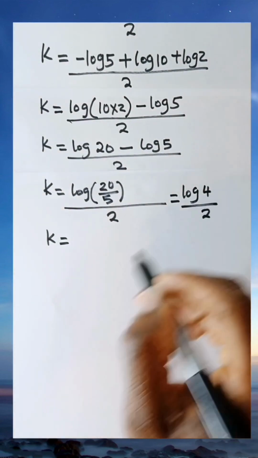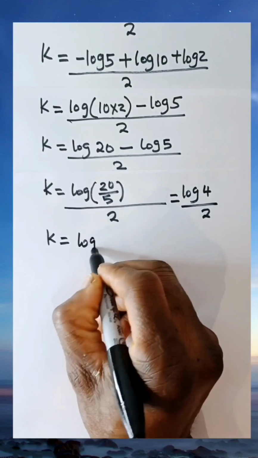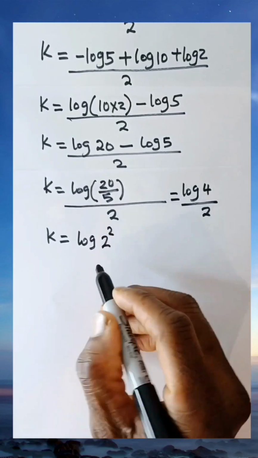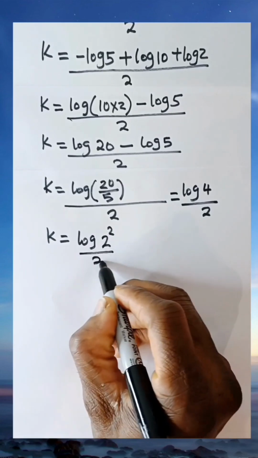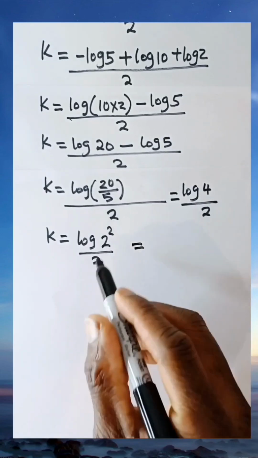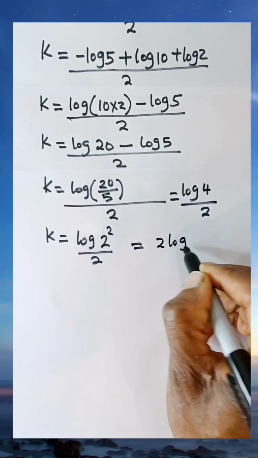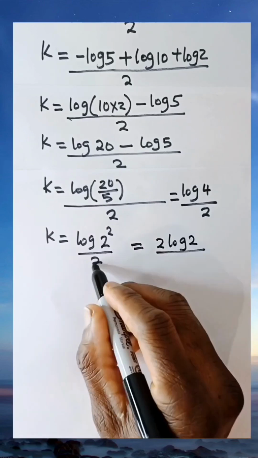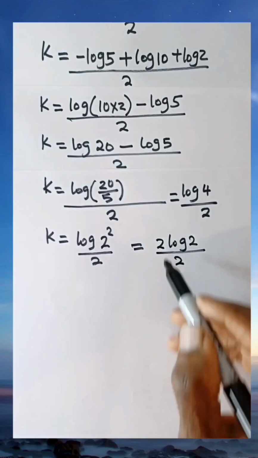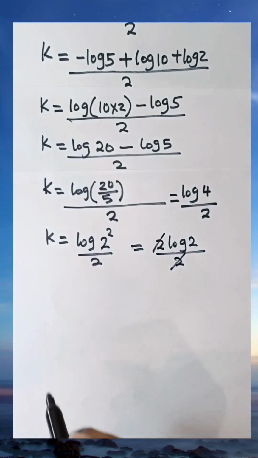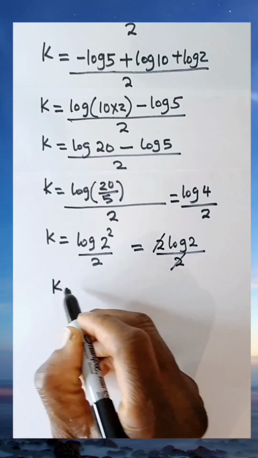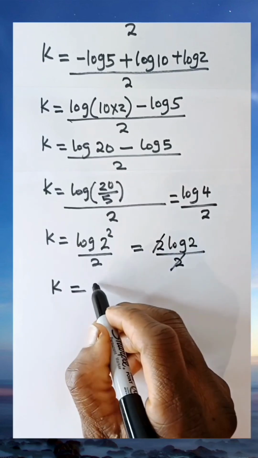We can express log 4 as log 2 raised to the power of 2, then divided by 2. The power of 2 will come to the front. We have 2 log 2 divided by 2. These two will cancel out. We have that K is equal to log 2.